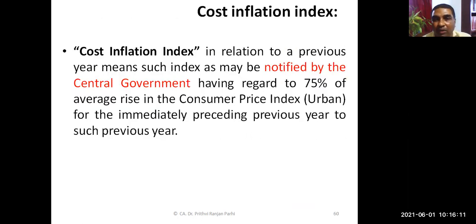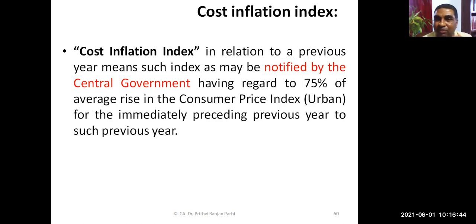Now, if you want to know what this cost inflation index is, this is a number notified by the government, considering 75% of the average rise in the consumer price index for urban consumers for the immediately preceding previous year to such previous year. So on a year-on-year basis, what is the increase in the urban consumer price index?